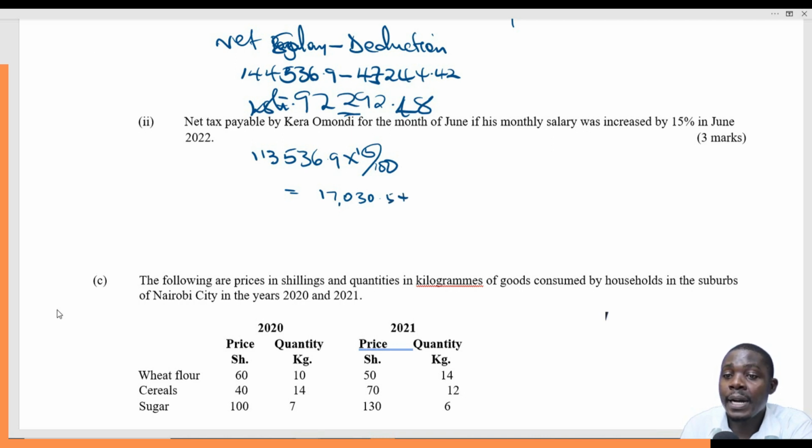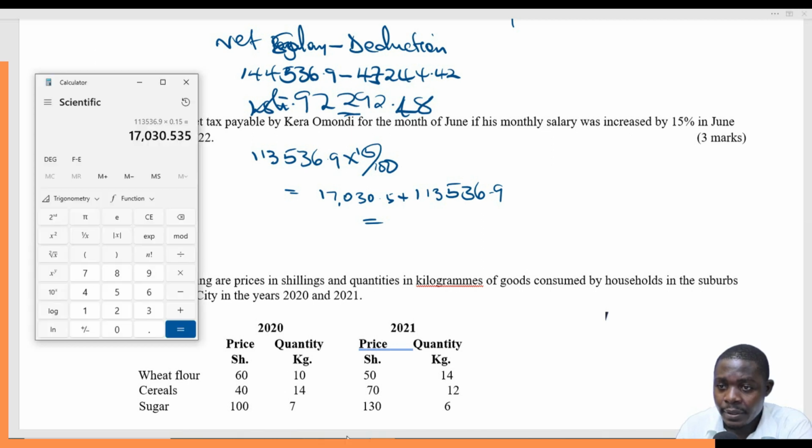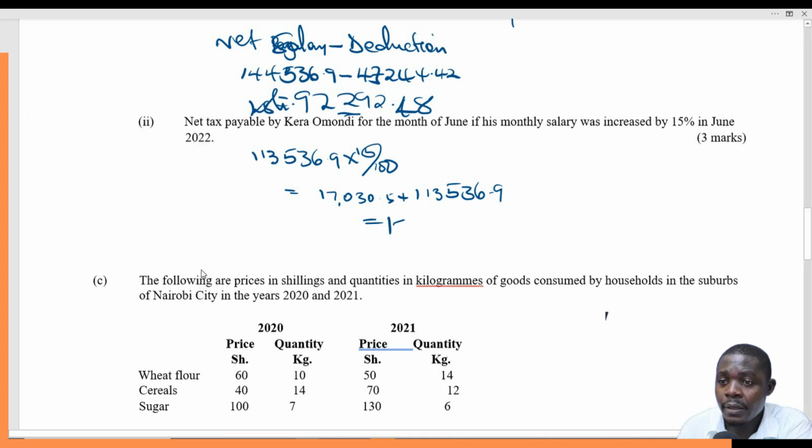Now this one we add 113,536.9. We are just adding that one, and you get 130,567.4.